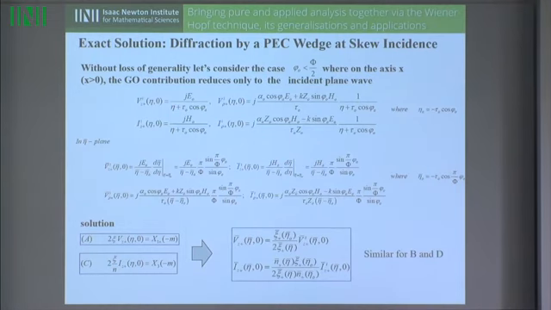Here is reported the spectral variable, the spectral unknown V in the spectral component of the incident electric field in eta variable for a plane wave with incident angle phi 0, and here the magnetic field, and these are the other two components at skew incidence.